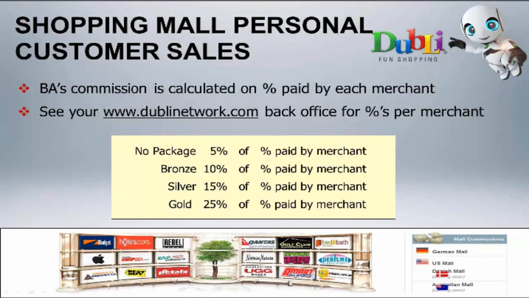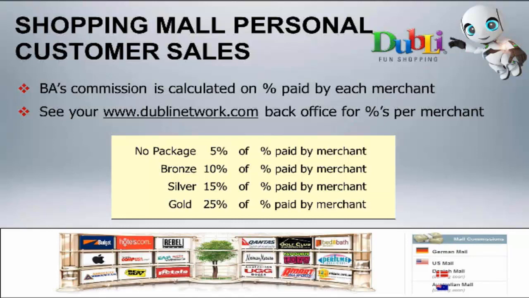Let's assume, for the sake of this exercise, that you're purchasing from, say, Dick Smith. And let's say that Dick Smith has an agreed percentage with Jubilee for 5%. Now, I'm only guessing here, but this obviously is just an example. So if a customer, your personal customer, goes to the shopping mall, clicks on Dick Smith and purchases an item from Dick Smith, let's say they spend, for the sake of my math, $100.